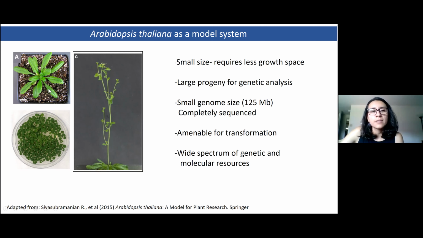You can also transfer these to small pots and do other experiments. And then you can also propagate this plant and get the seeds, so you can have large progenies for genetic analysis. The genome was sequenced a long time ago, so a lot of genetic resources were available to generate mutants and to start studying this lipid class.